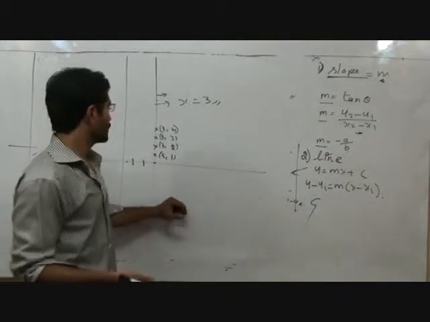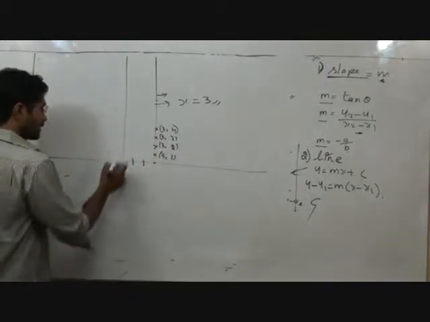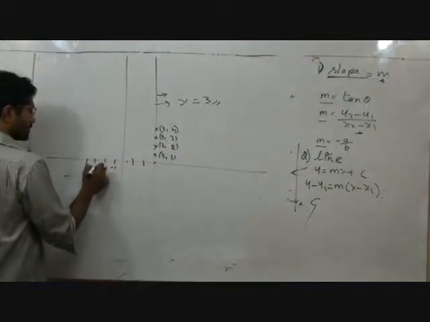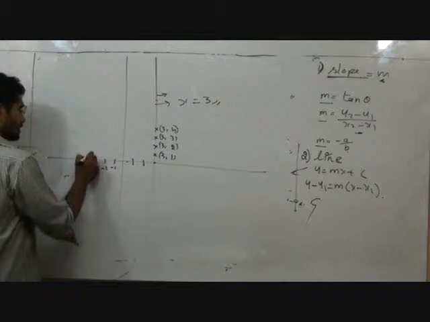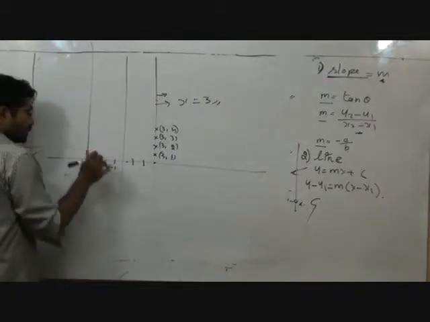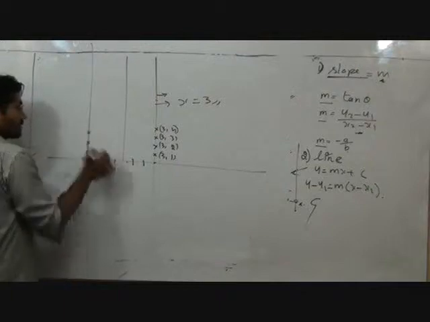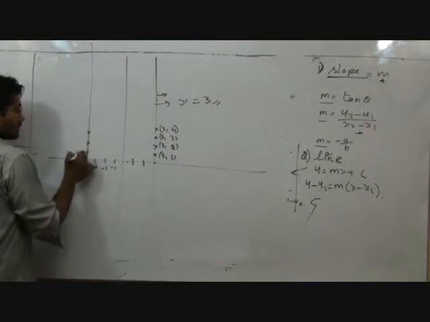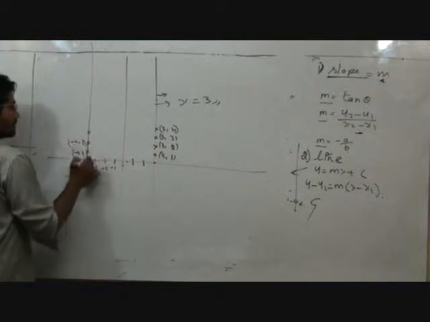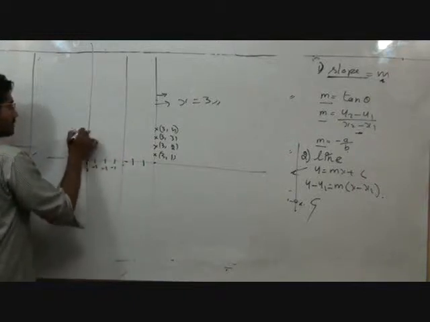You get the point? Similarly, if I have to find the equation of another line, with 1, 2, 3, 4 and minus 1, minus 2, minus 3 and minus 4, on this line I can see that whatever the value of y, the value of x is always what? Minus 4, 1; minus 4, 2; minus 4, 3.